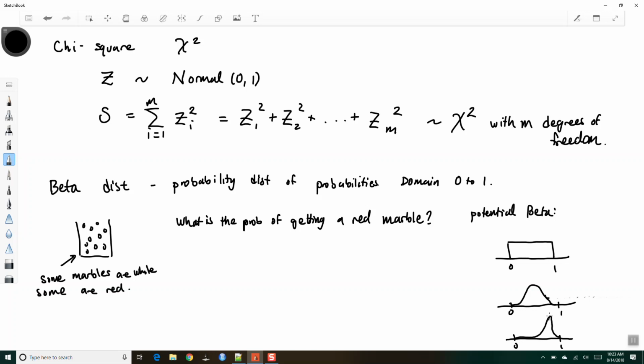Maybe you're confident that it's around 80% or something. These are all different examples of beta distributions, and they all represent what you believe about the proportion or the probability of something. In this case, we're talking about what proportion are red.